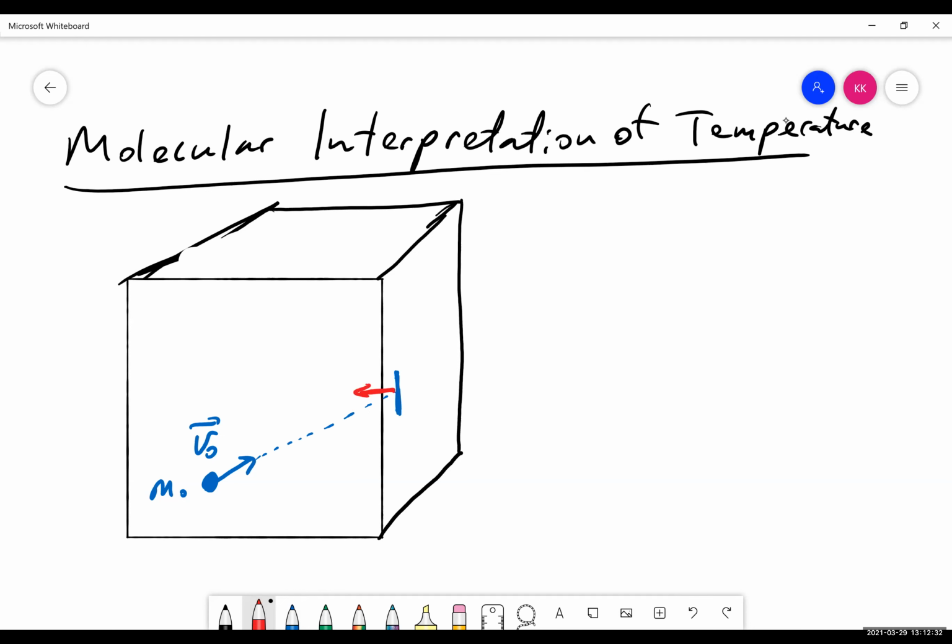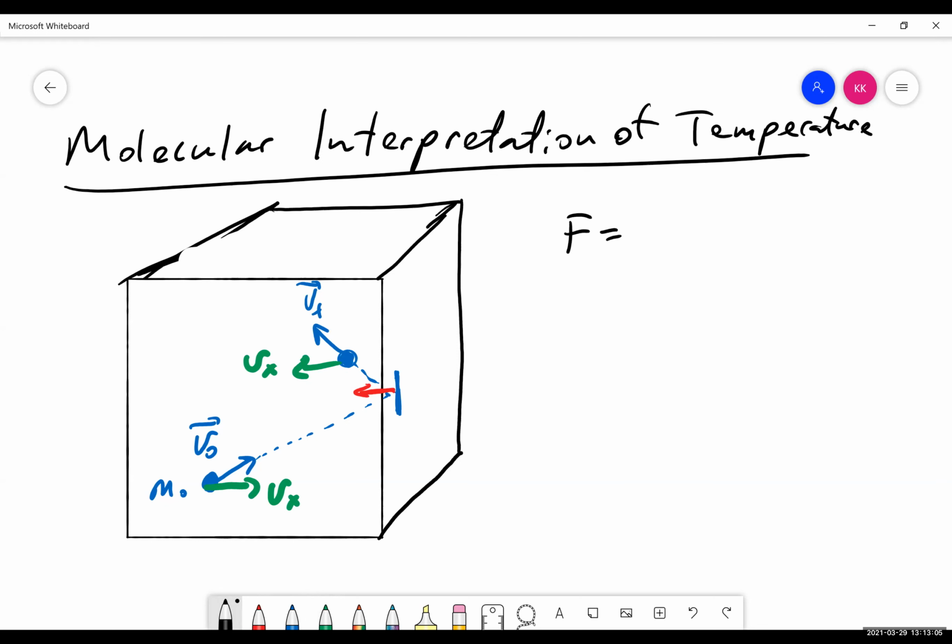Afterwards, the particle will be moving in this direction. Let's say this is v final. Breaking down this velocity into the horizontal component, I can see that there is a change in velocity, which means there is a change in momentum. Using the momentum impulse theorem, there was a force acting on it.